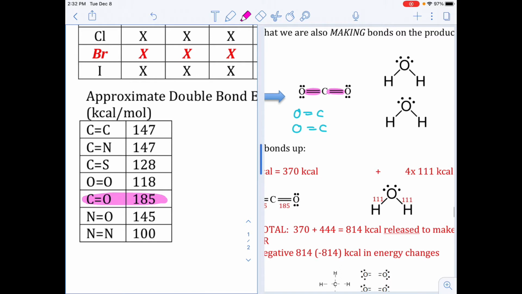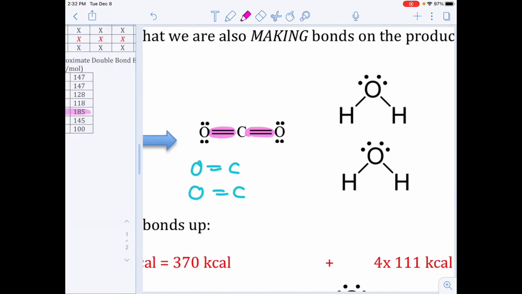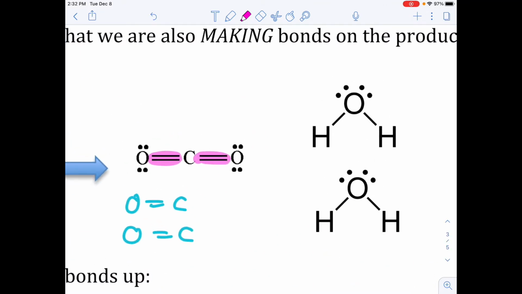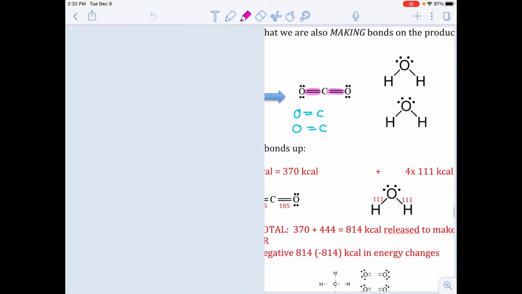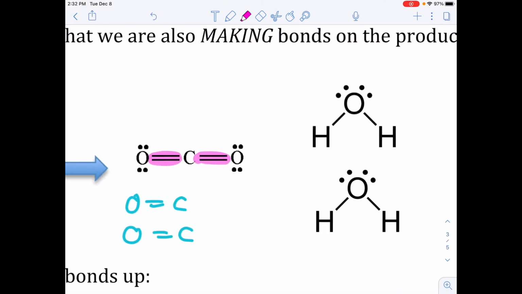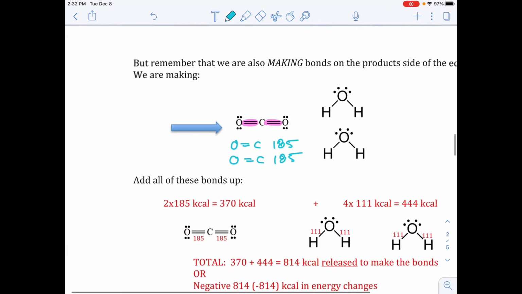It doesn't matter, by the way, which order they're in, O to C, C to O. These molecules are moving in space anyway. So these are each 185, and those total up to 370.